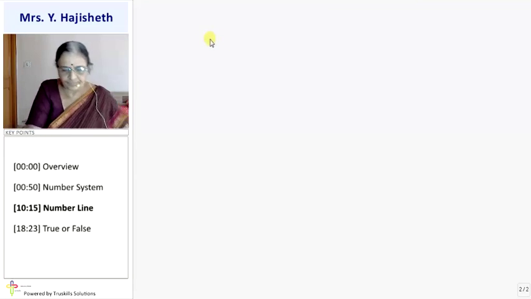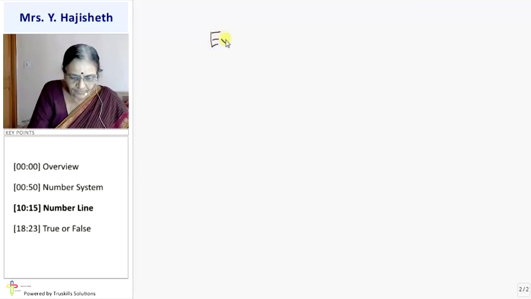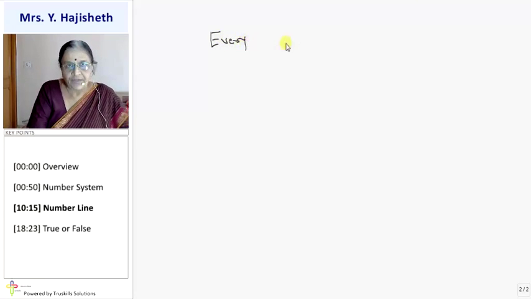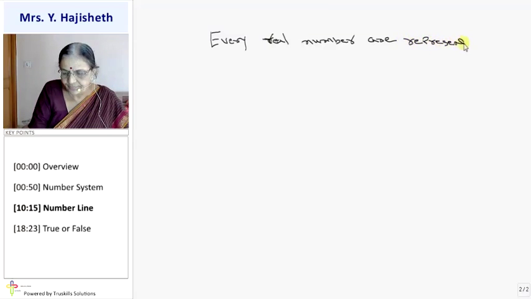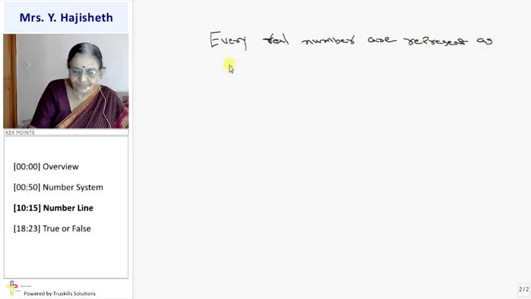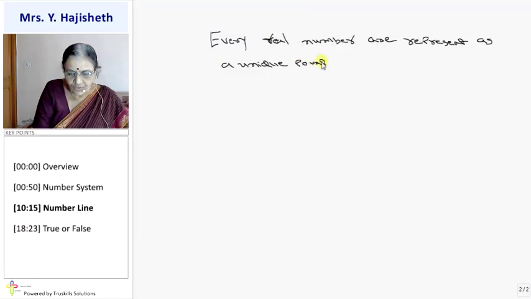Every real number is represented as a unique point on the number line. In 8th standard, your teacher taught you.